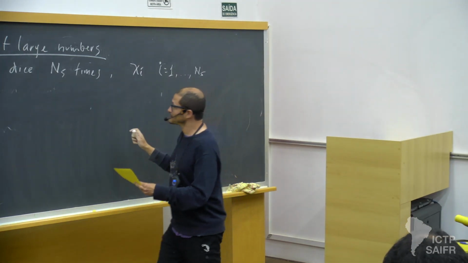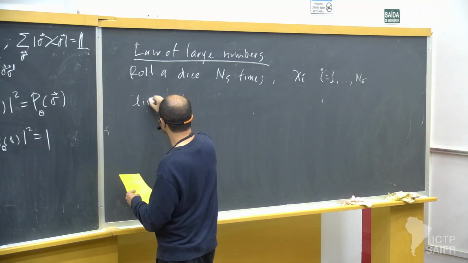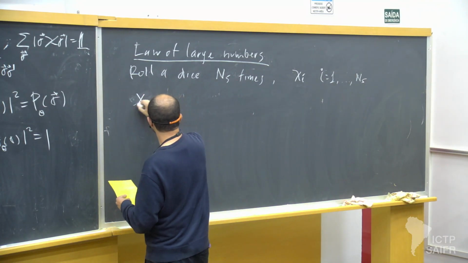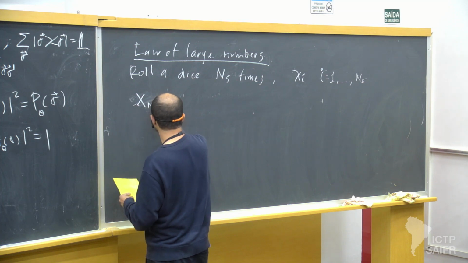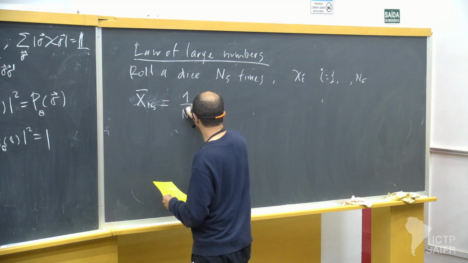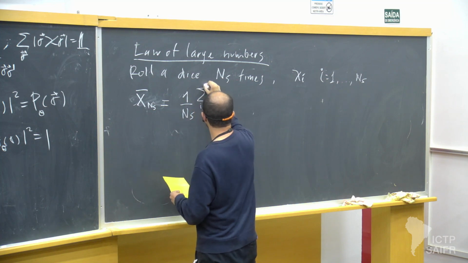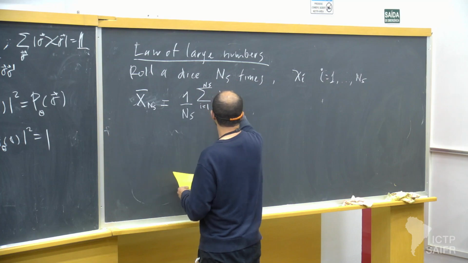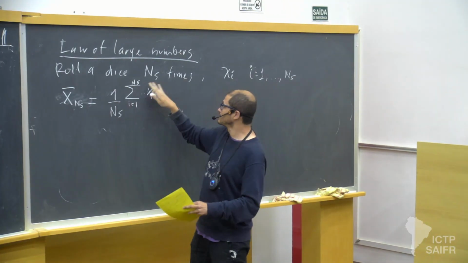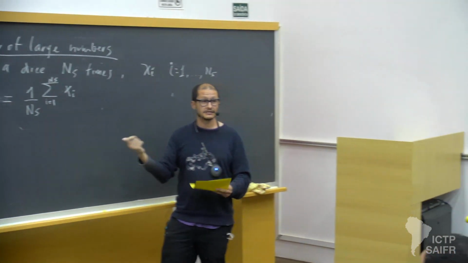So the law of large numbers tells you that, let me first call this the average: 1 over ns, sum over i from 1 to ns of xi. This is the empirical average over the outcomes that you got in your ns trials.